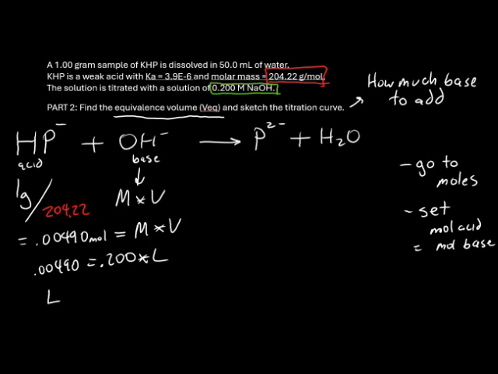Therefore, the liters of base that we need is going to be 0.00490 divided by 0.200. We'll end up with 0.0245 liters, or if you prefer, 24.5 milliliters. We find that by shifting the decimal point over by 3 places.